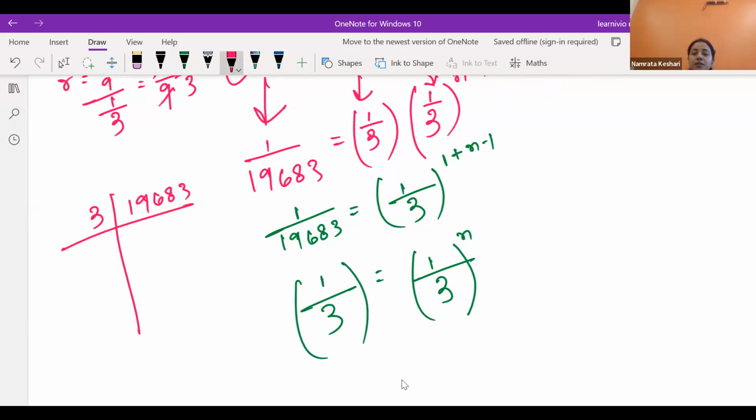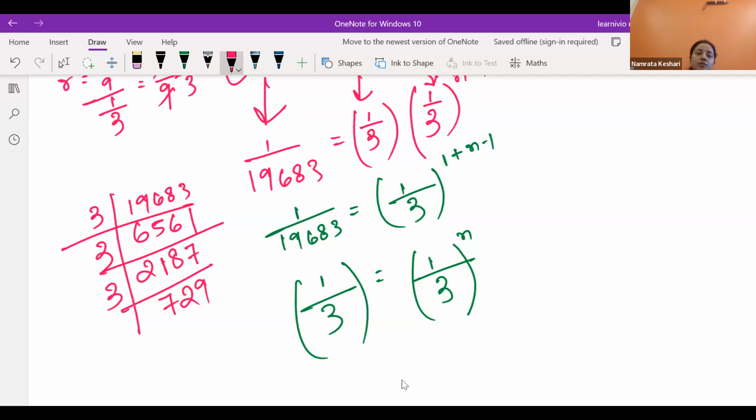3 6 times 18, 3 5 times 15, 3 6 times 18, 3 1 times 3. 3 2 times 6, 3 1 times 3, 8 times 24, 3 7 times 21. 3 7 times 21, 3 2 times 6, 3 9 times 27. 3 2 times 6, 3 4 times 12, 3 8 times 24.